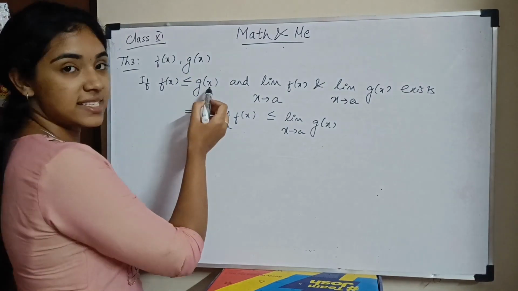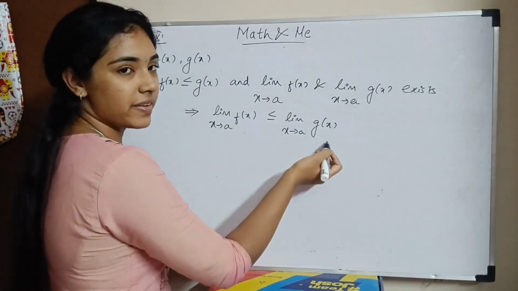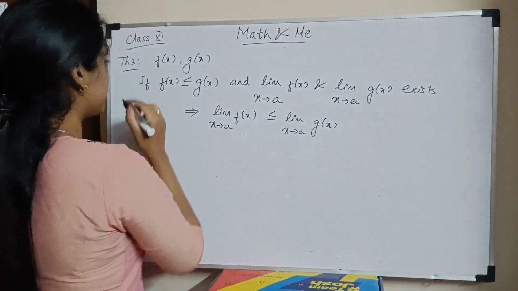When you have f of x less than g of x, then their corresponding limits, limit f of x g of x விட கம்மியா இருக்கும். Okay, that is theorem 3.